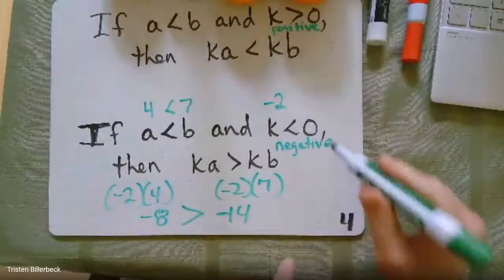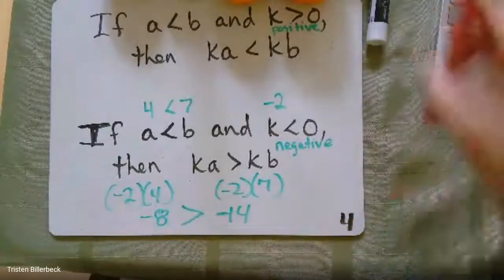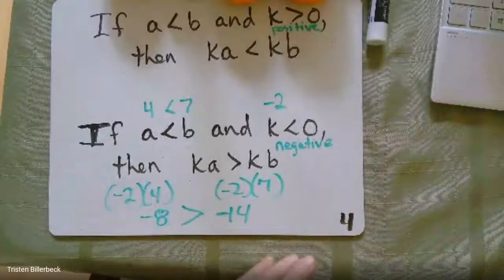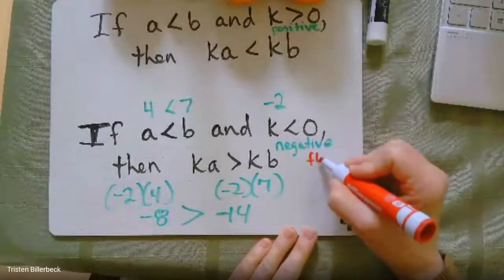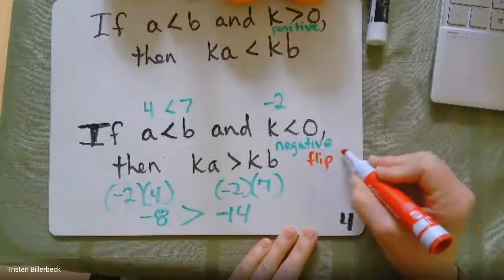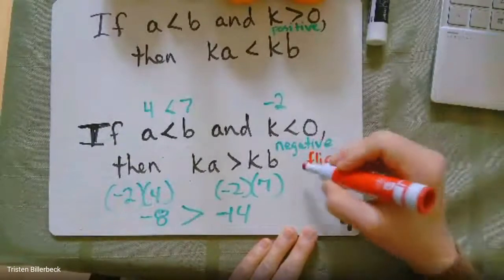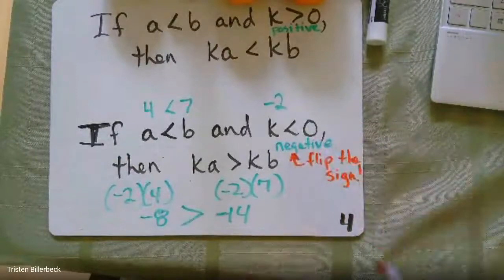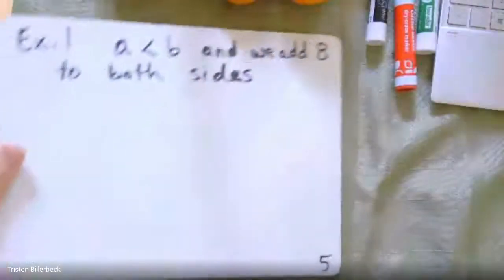Yikes. Well, we multiplied by a negative. In the last lesson, what did I say happens when you multiply or divide by a negative? That's right, you flip the sign. So whenever we multiply or divide by a negative, you flip that sign. All right, let's go into some examples.